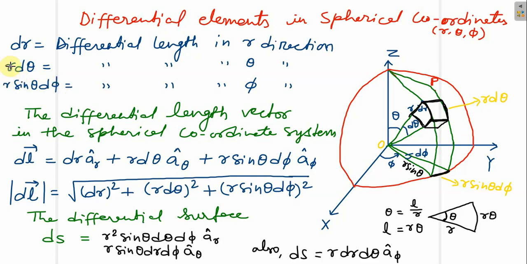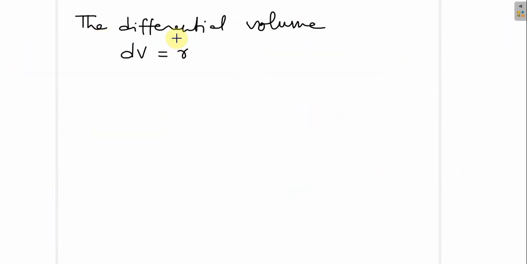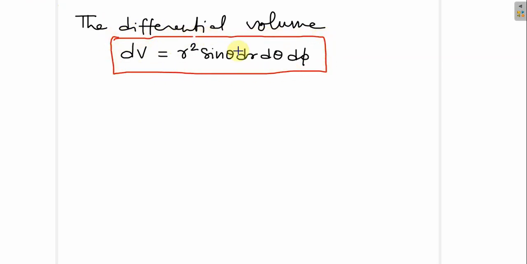So it will be r into r square sin theta, that is r square sin theta dr d theta d phi. So dV equals r square sin theta dr d theta d phi. All are equally important when you will be using them to derive equations or solving numericals. In this way we can have the differential elements in a spherical coordinate system.